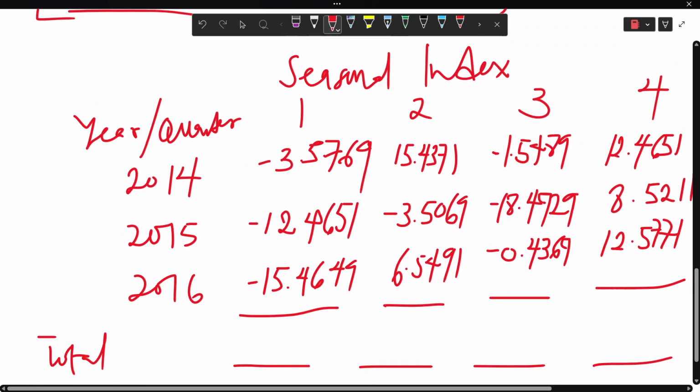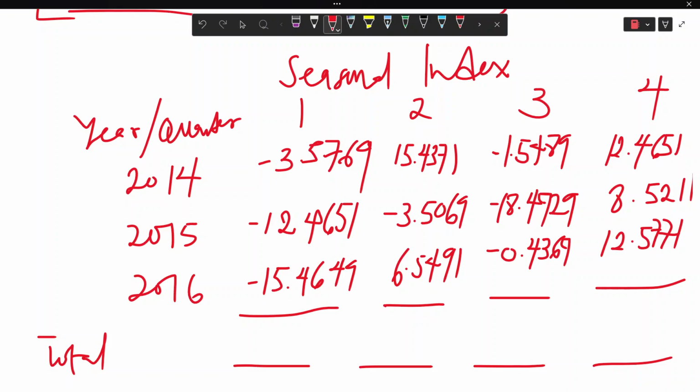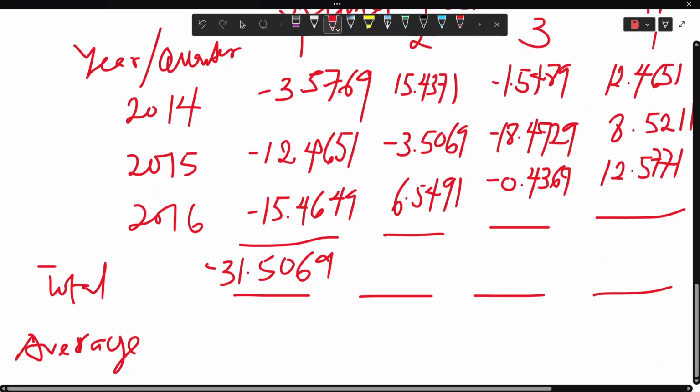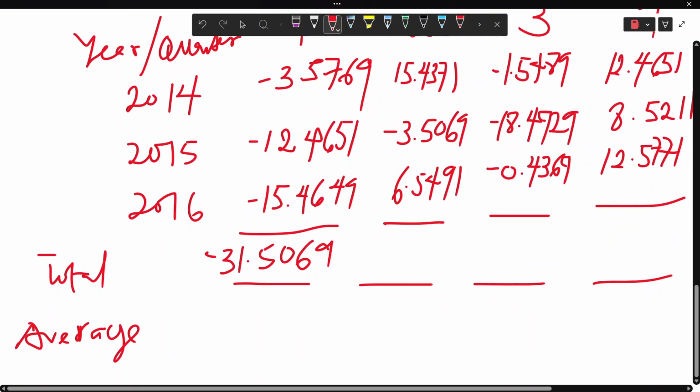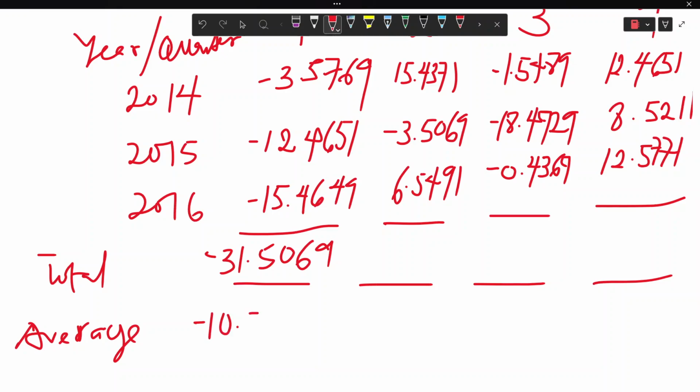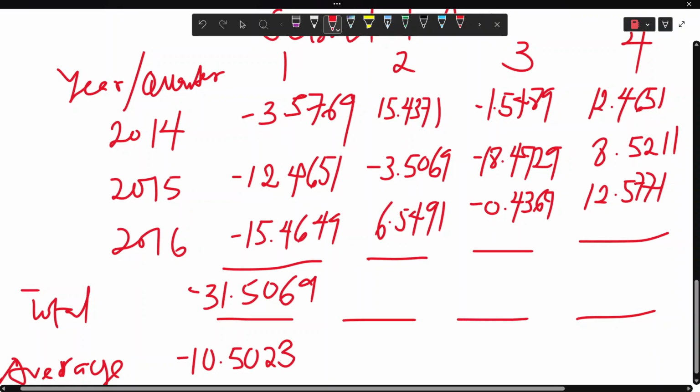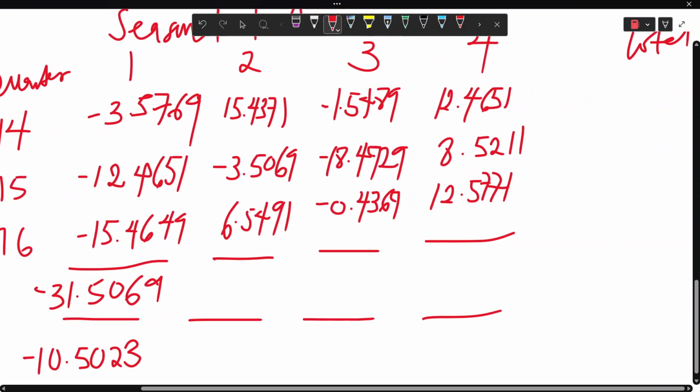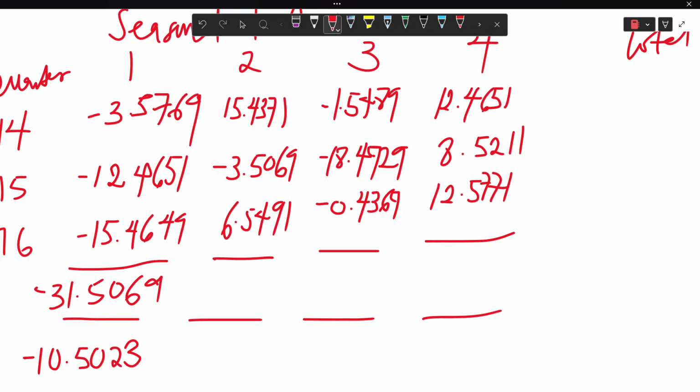So the first one is negative 3.5769 minus 12.5209 minus 15.4649. The total is negative 31.5069. So the average, divided by 3, gives us negative 10.5023. Let's go to the second one. 15.4371 minus 3.5069 plus 6.5491.